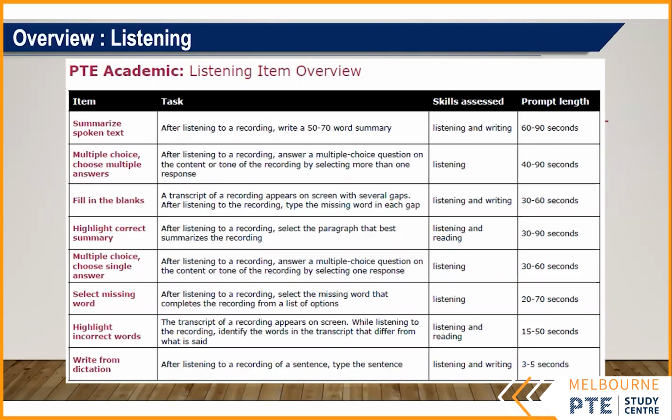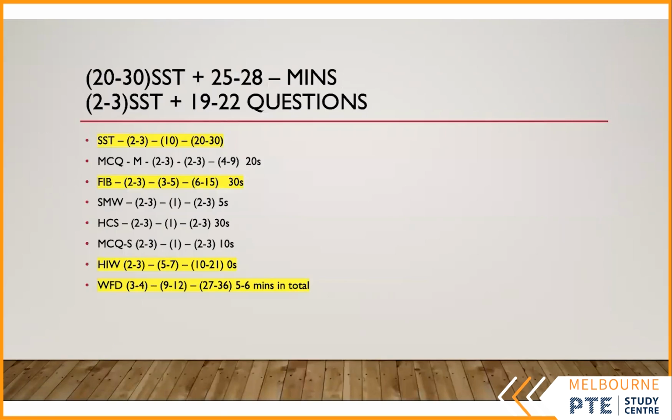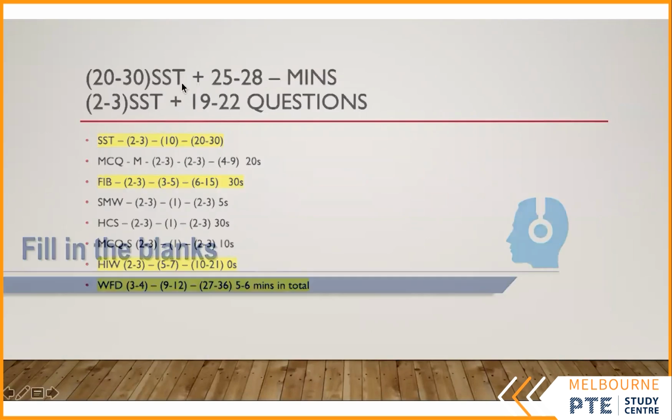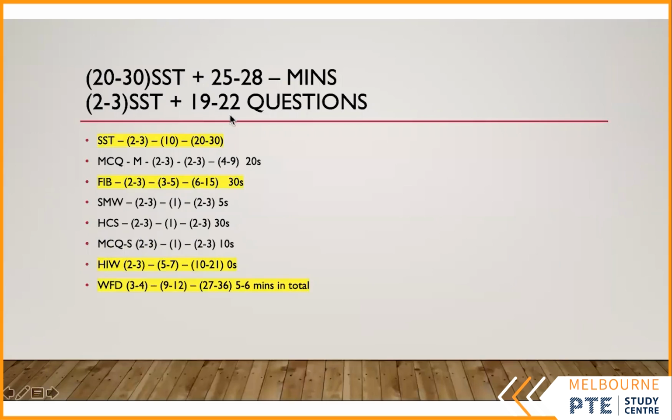So for that, I have jotted down some important things. We know that summarized spoken text has its own allocated time. So you get 20 to 30 minutes for summarized spoken text, plus the 25 to 28 minutes for the rest of the tasks.